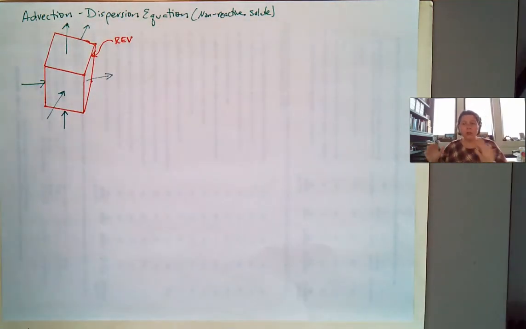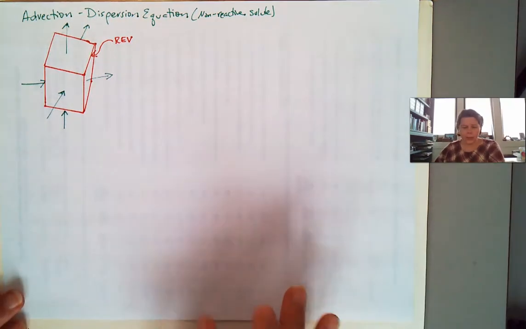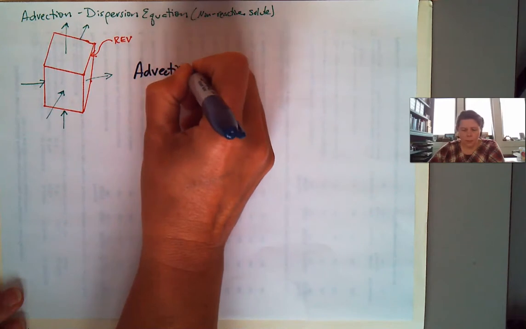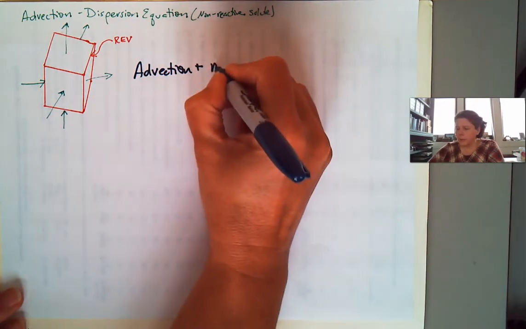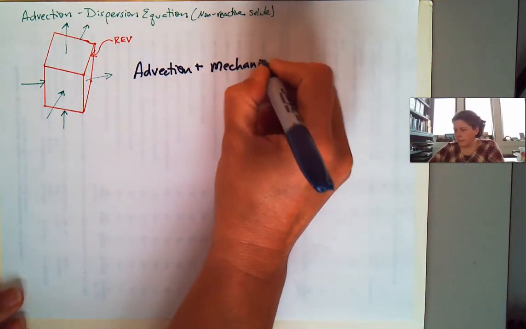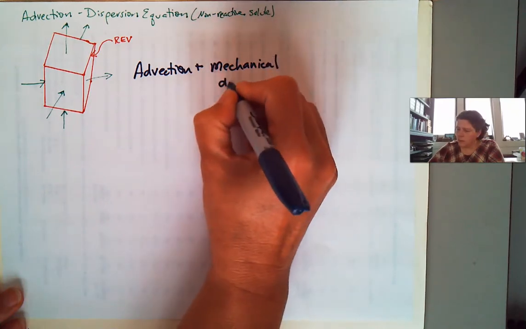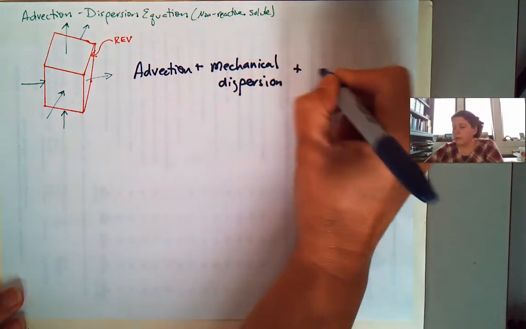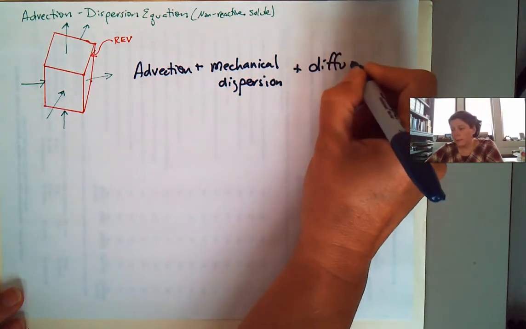And so when we look at transport of solutes, we're looking at advection plus mechanical dispersion, and we've already talked about that, plus diffusion, which we talked about.